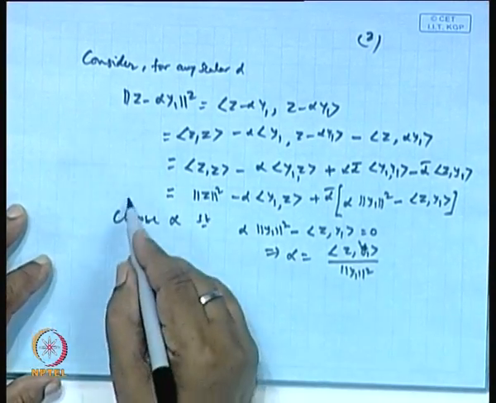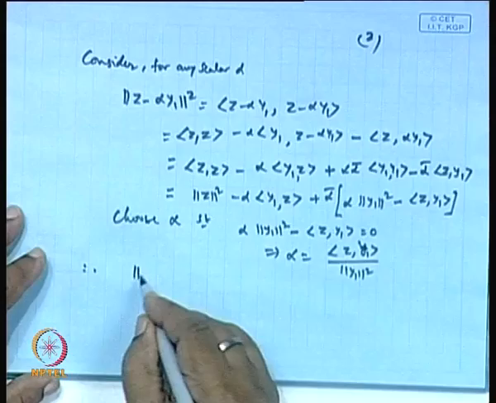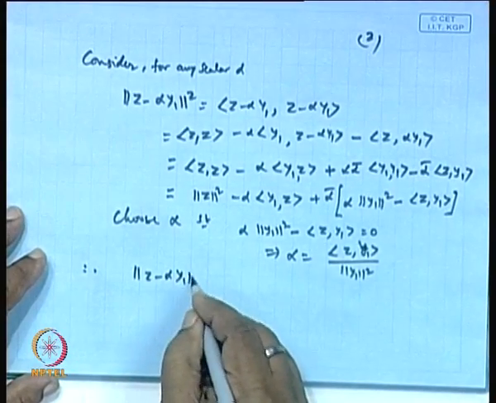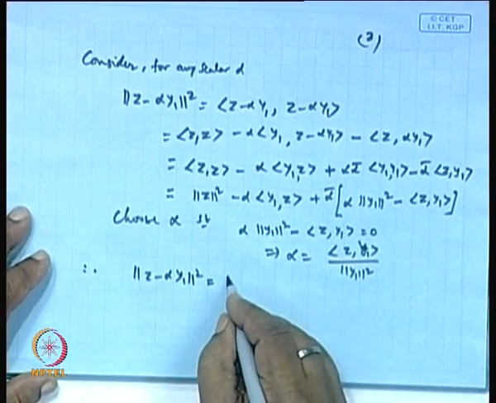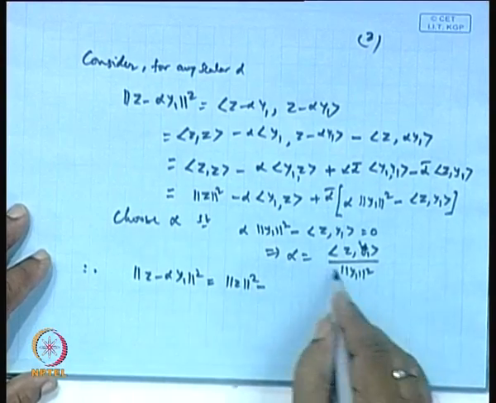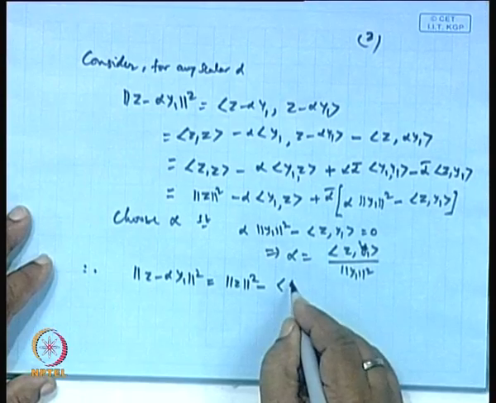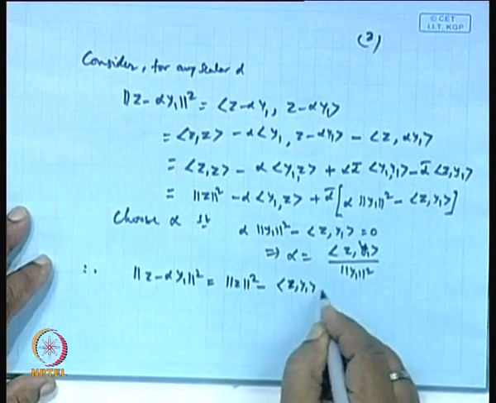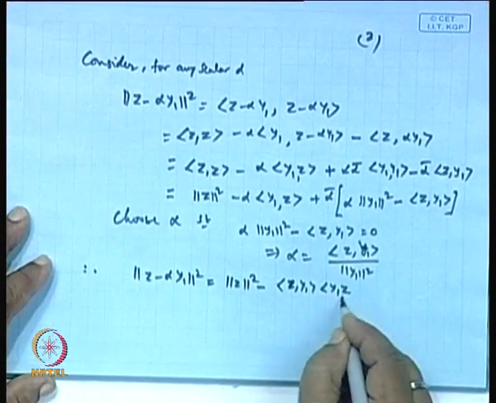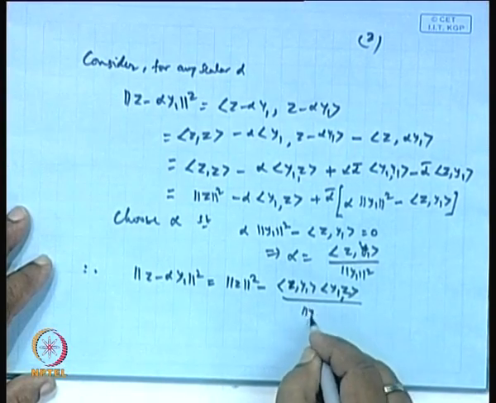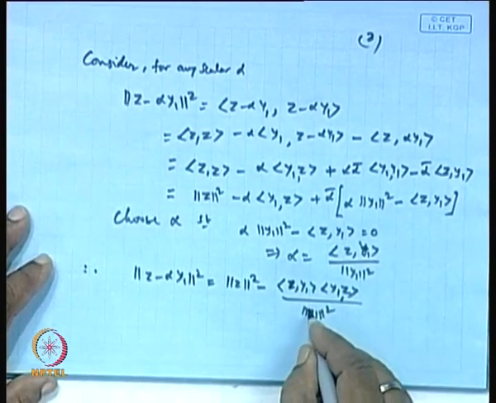Substitute it back. So, we get norm of z minus alpha y1, whole squared, is equal to norm of z squared minus, if I substitute this, inner product z y1 times y1 z divided by norm of y1 squared.